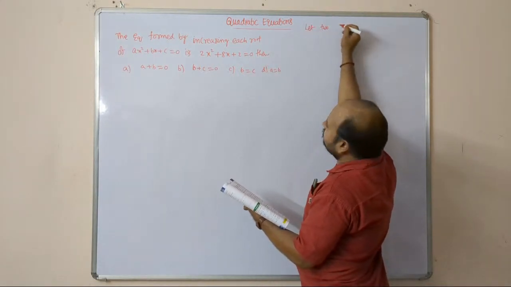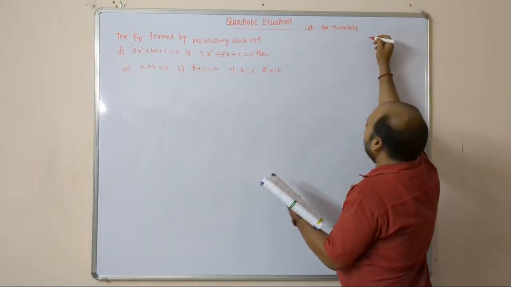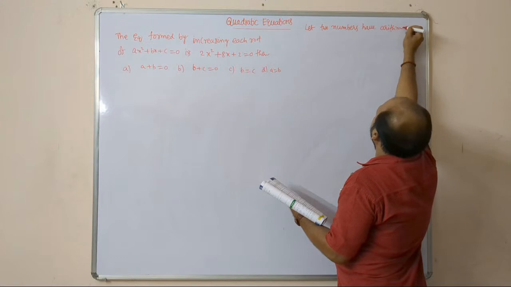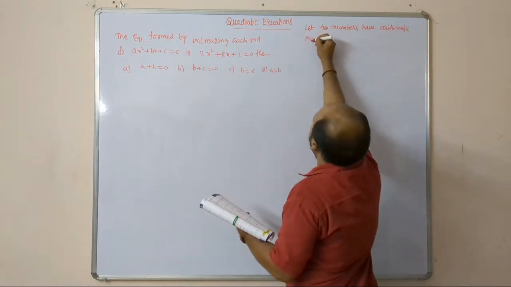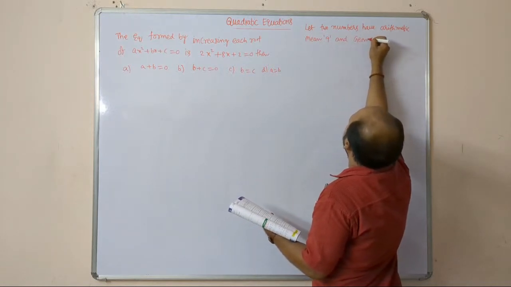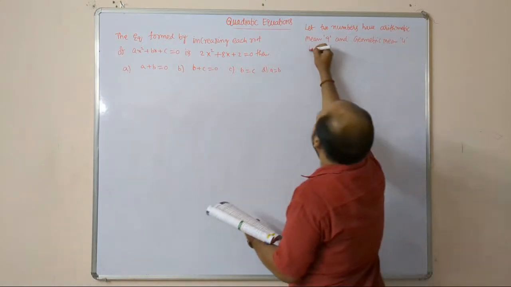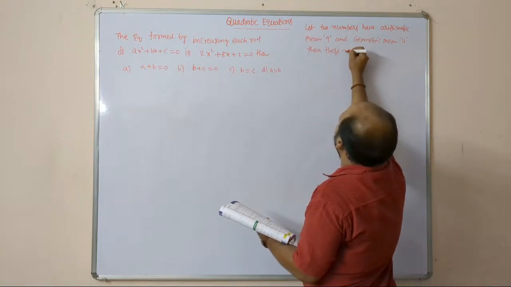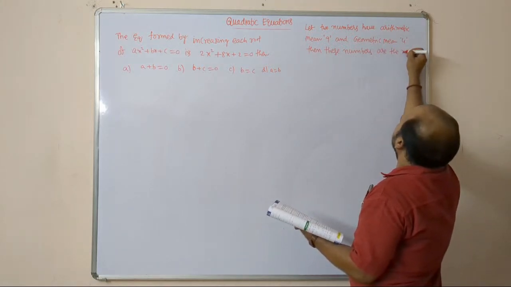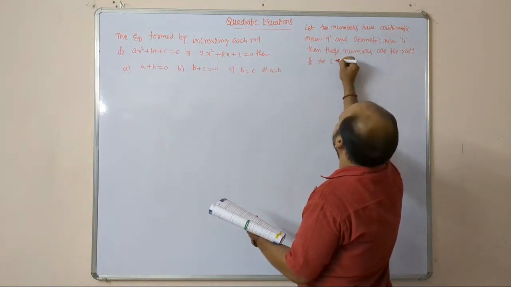Let two numbers have arithmetic mean 9 and geometric mean 4, then these numbers are the roots of the quadratic equation.